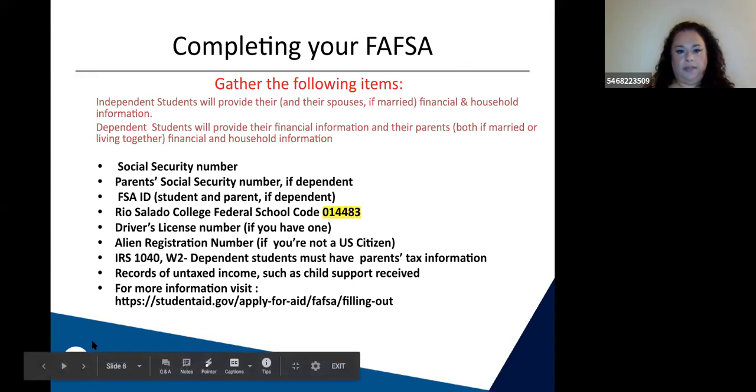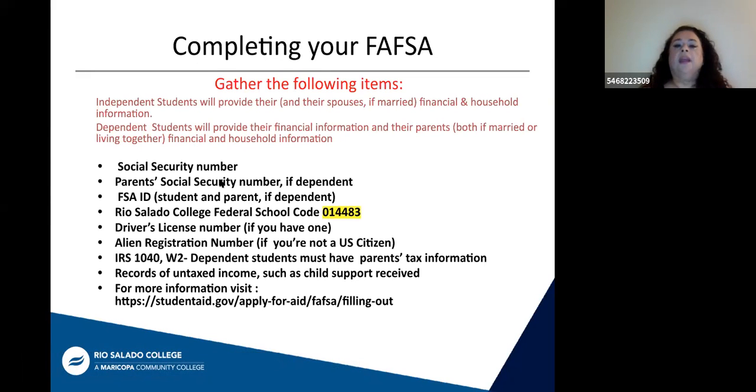You'll need Social Security numbers, your parents' information, your ID if you have one, and your tax information, ready and available so that you can fill out the application.